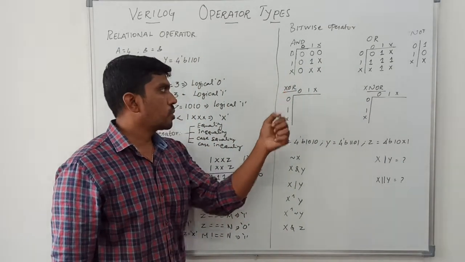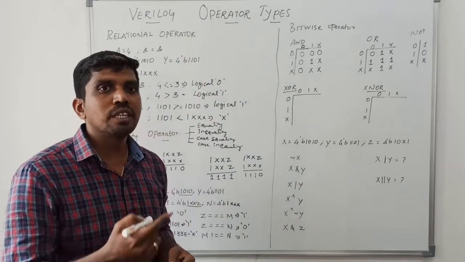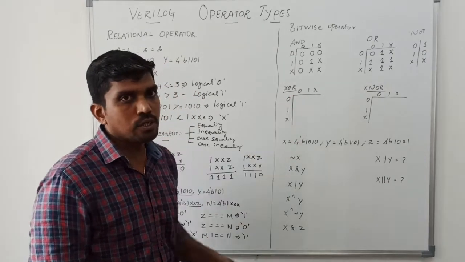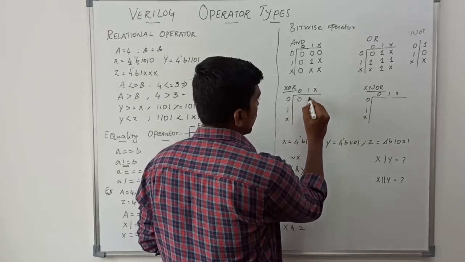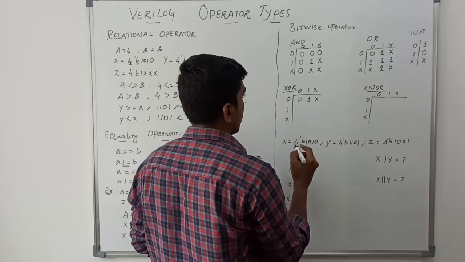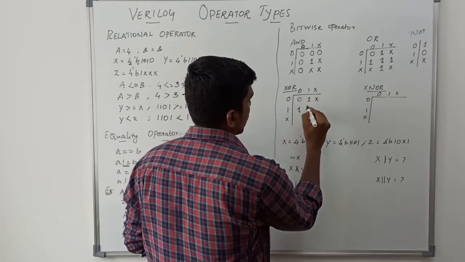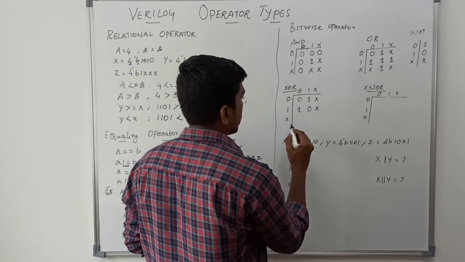Then we move on to XOR operation. In this XOR operation, if both the inputs are the same, the result is 0. If the inputs are different, the result is 1. 0, 0, 0. 0, 1, 1. 0, don't care, don't care. Then 1, 0, 1. 1, 1, 0. 1, don't care, don't care.